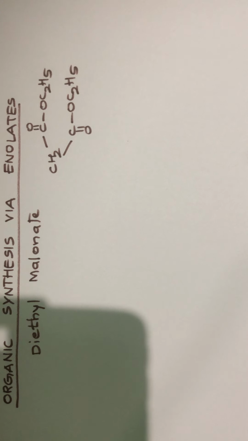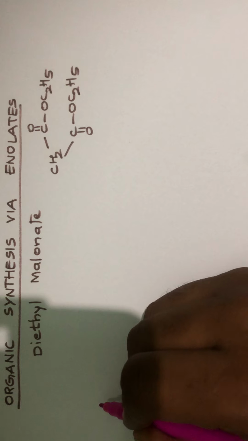Let us discuss the preparation. Malonic ester can be prepared conveniently by boiling sodium or potassium cyanoacetate with alcohol and concentrated HCl. So what is potassium cyanoacetate?